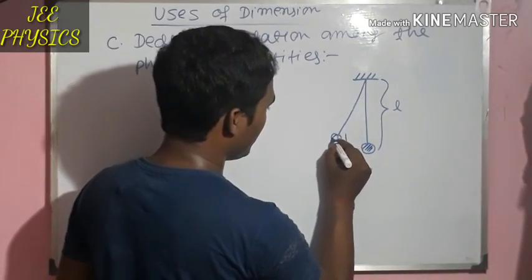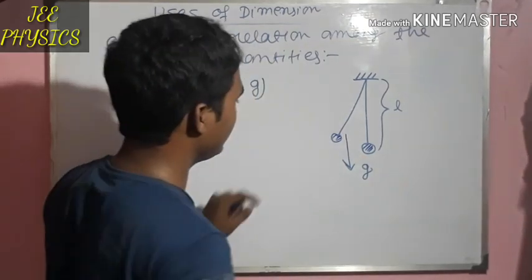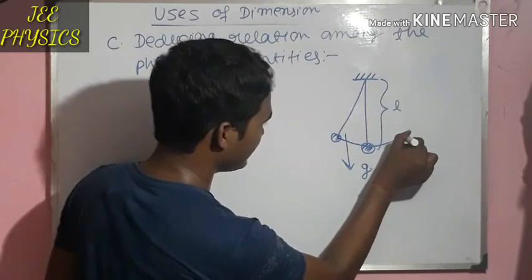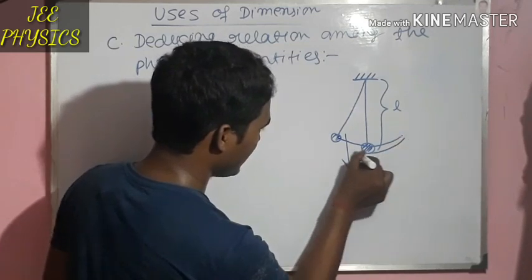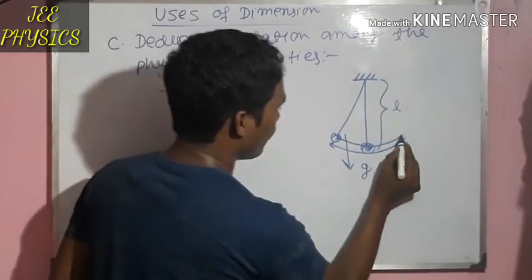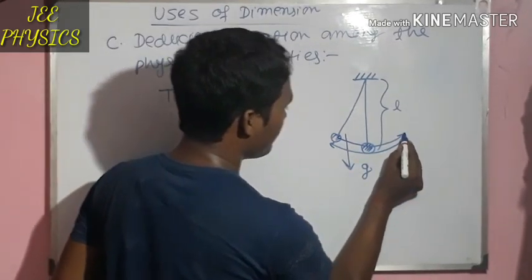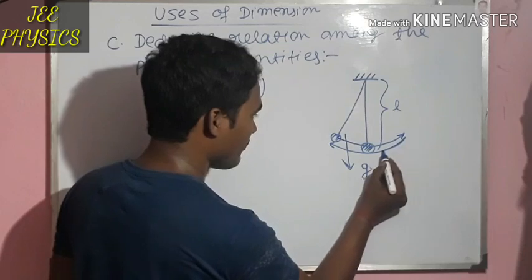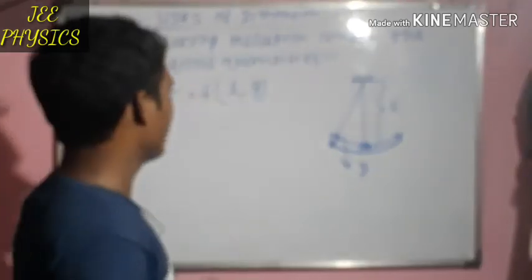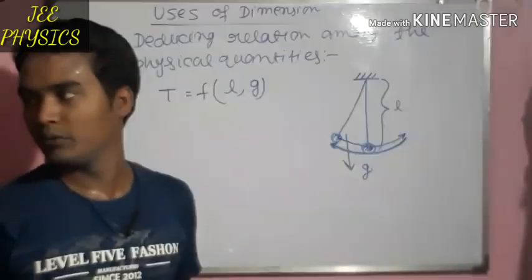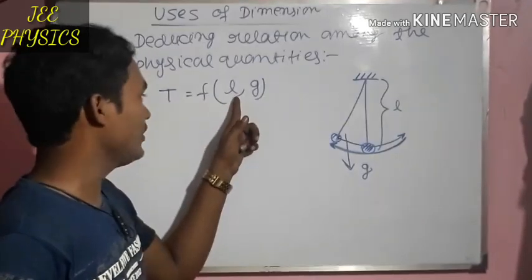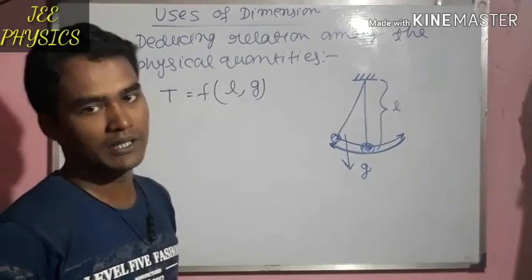If you hold the pendulum here and release it, it will swing to that direction and return to the initial position again and again. Going to this extreme point and returning back to the initial point, the time required is called the time period of the pendulum, and this time period depends on length of the pendulum and acceleration due to gravity.